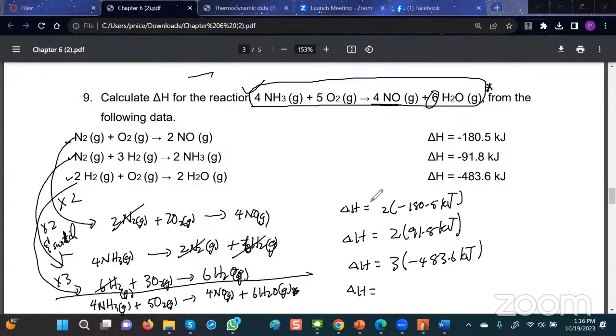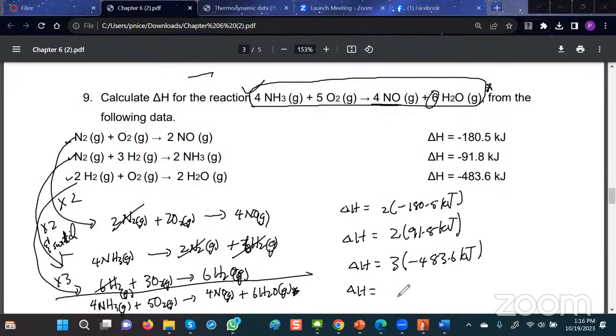So let me do that here. 2 times negative 180.5 plus 2 times 91.8 plus 3 times negative 483.6.